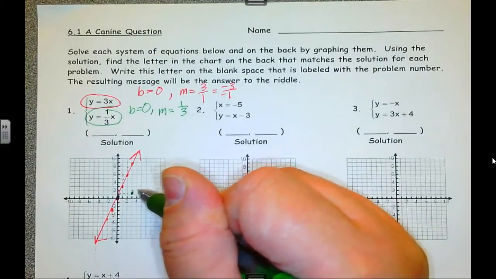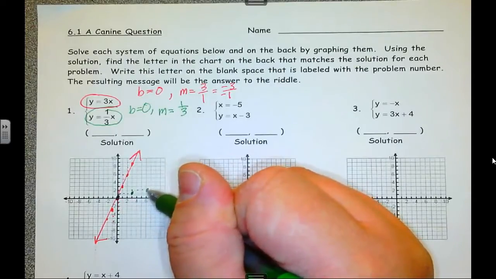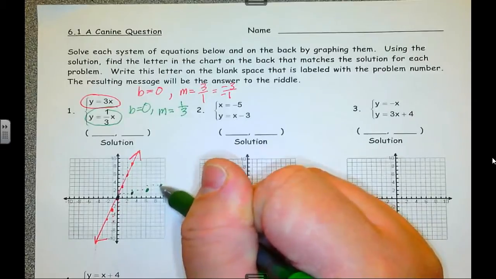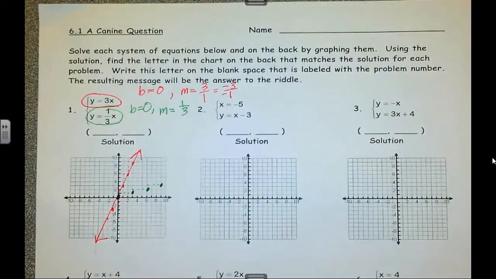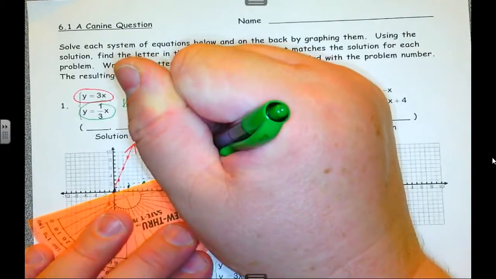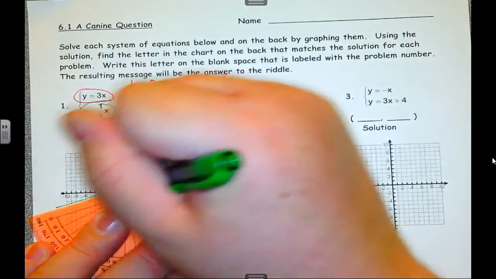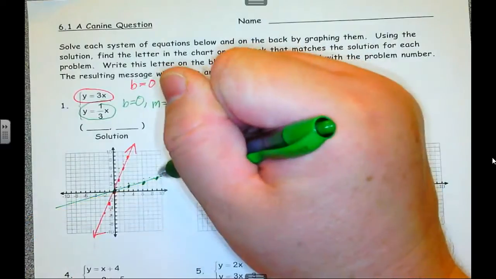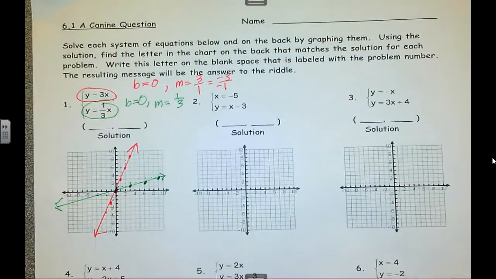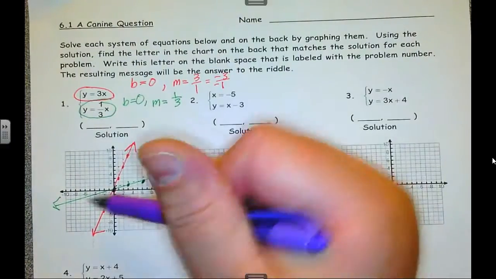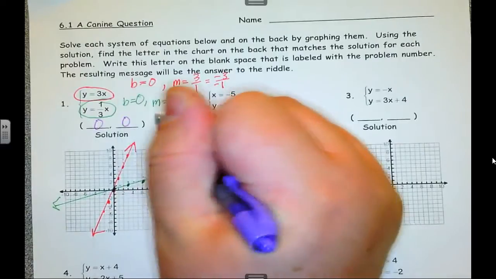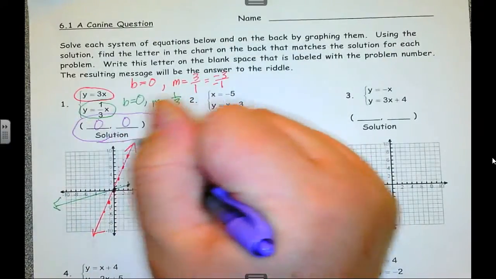Up 1 to the right 3. Draw my line. And where do these two lines intersect? Yeah, at the origin here, 0, 0. That's my solution.